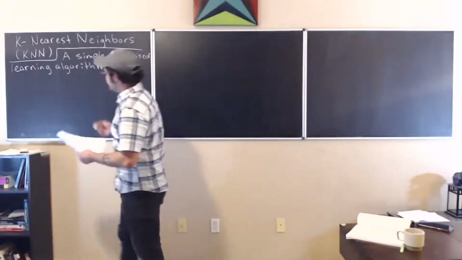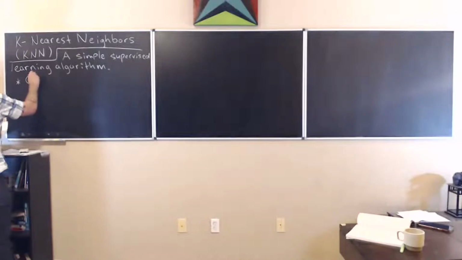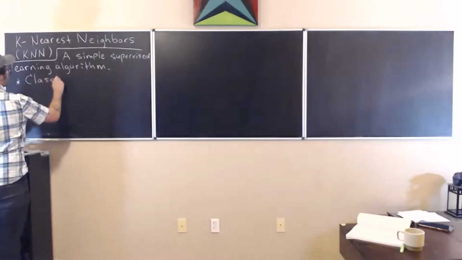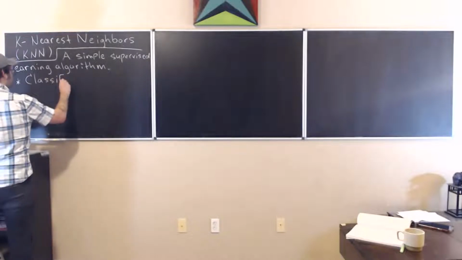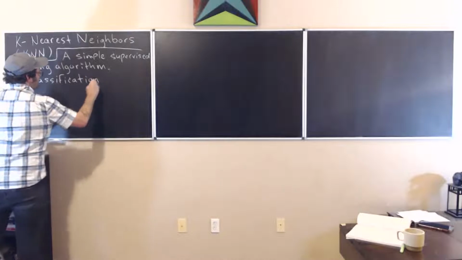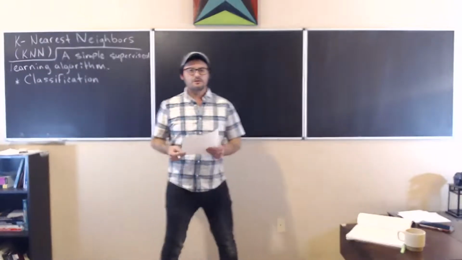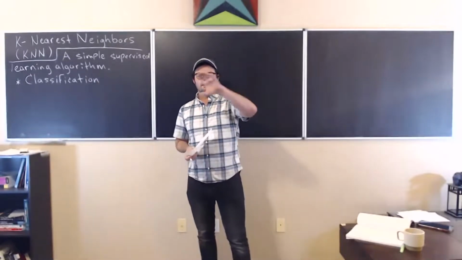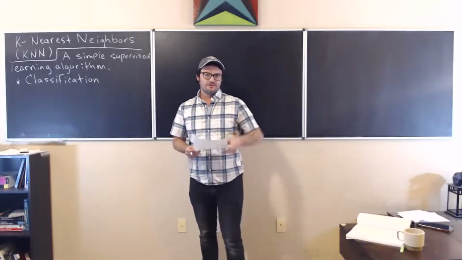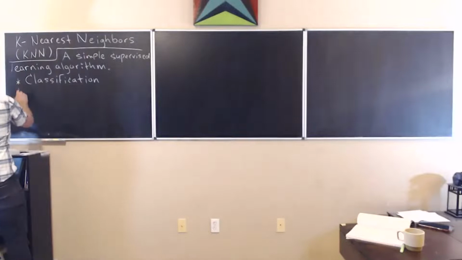So this algorithm can be used for classification, like we did with the perceptron learning algorithm, where we tried to classify whether or not, given a feature vector, you were type this or type this. But we can also use this for regression.